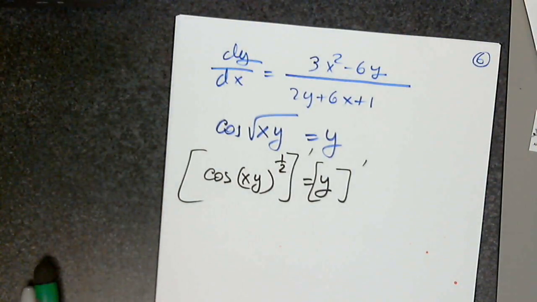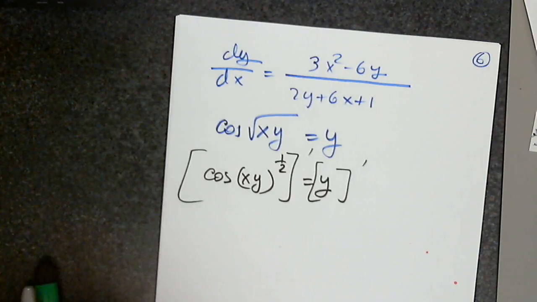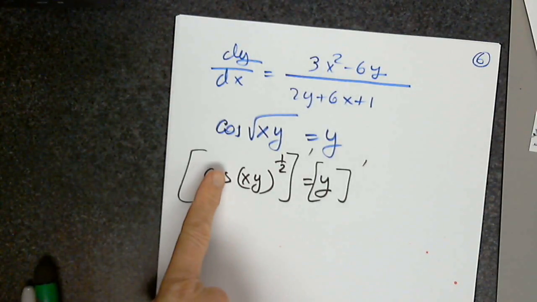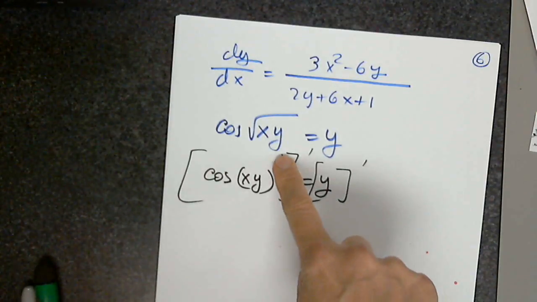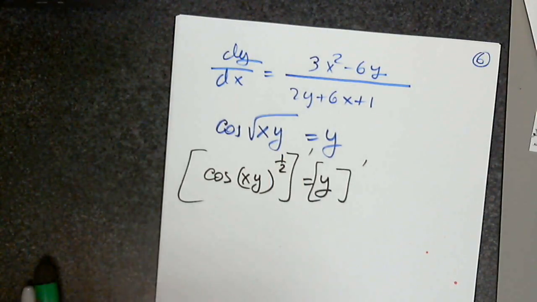So let's think about it for a minute. So remember, this differentiated, then this differentiated, and then this differentiated. So it's the chain rule. You will have a product with three factors.